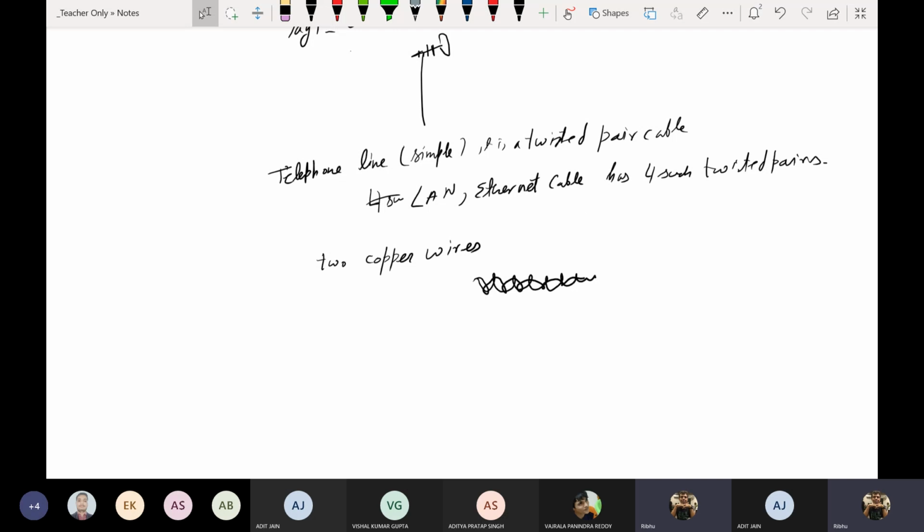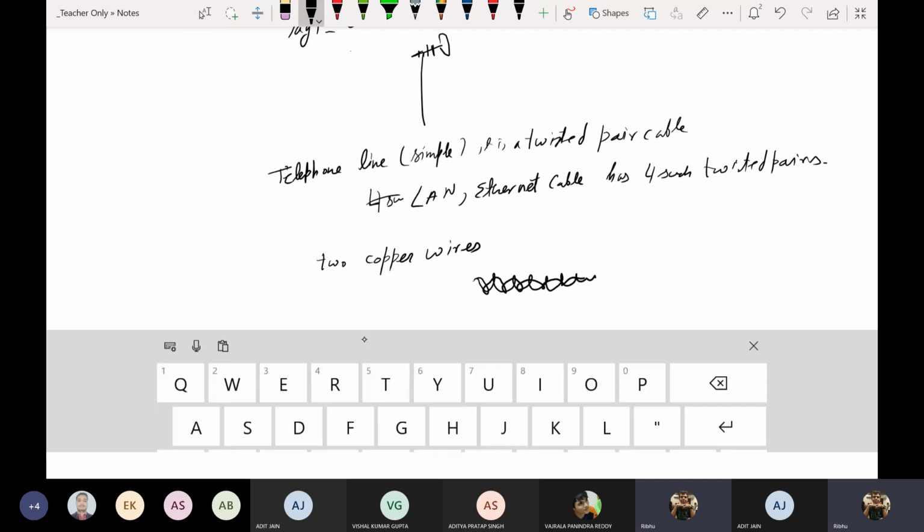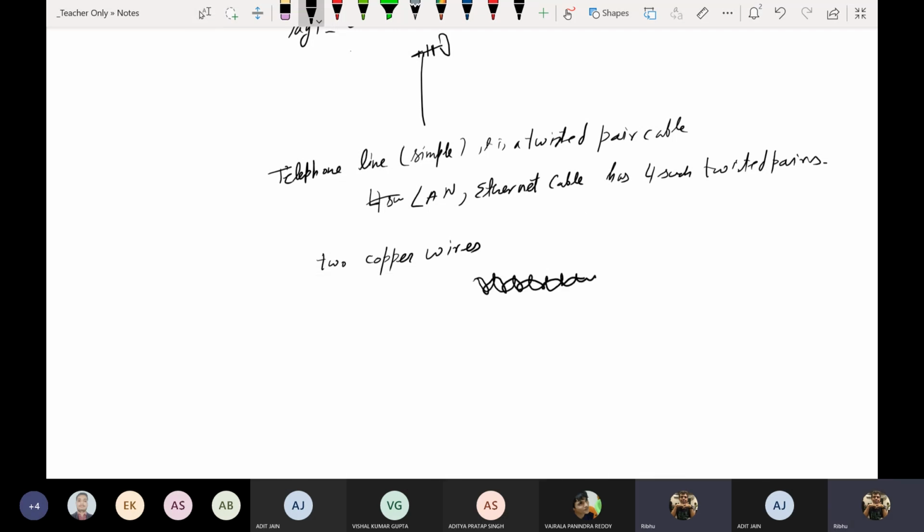This means long, thin copper wires. What does a long and thin wire imply? More resistance. Yes.